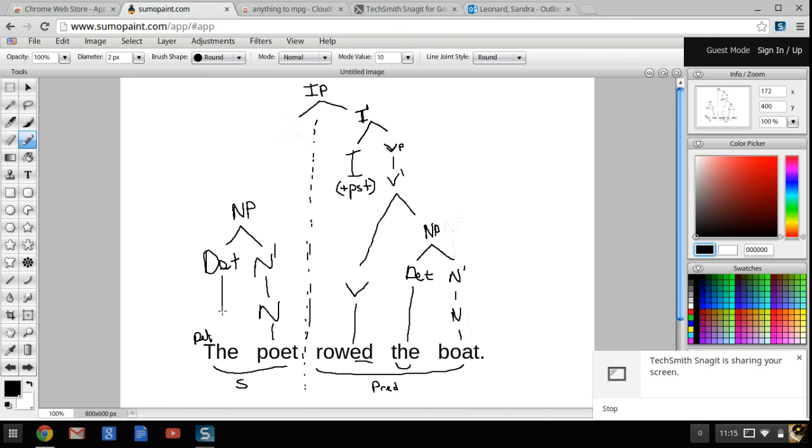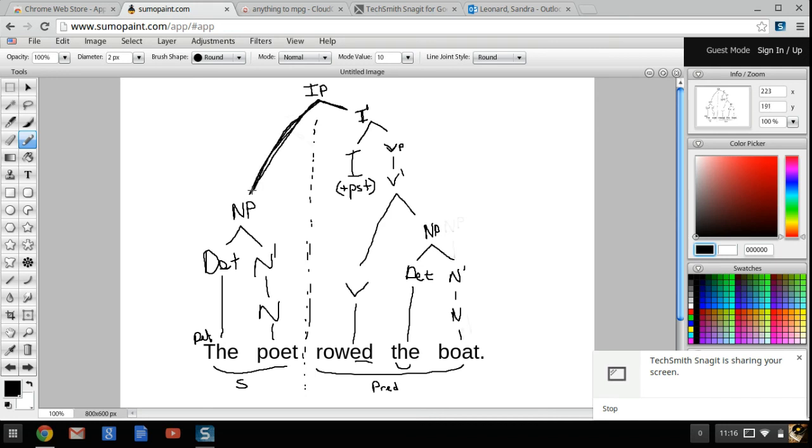Note that there are more determiners than just the. There's also those. I'm pretty sure that the book lists quite a few other determiners. These. Now I've connected that up. In an ideal world, my lines would be straight. But this is kind of like Microsoft Paint here, so it's not very easy to do.